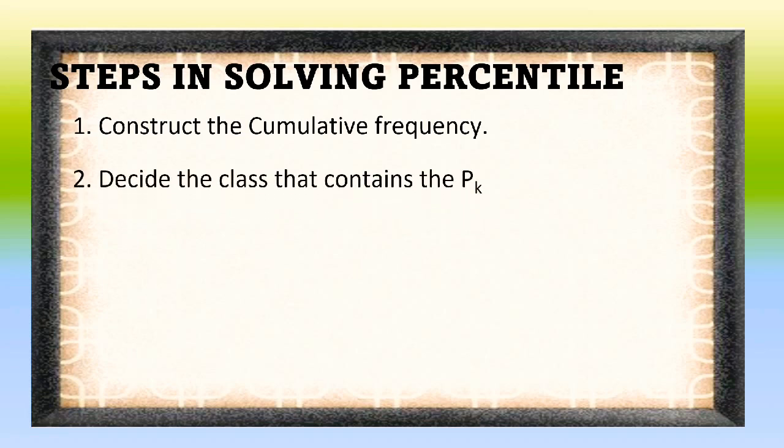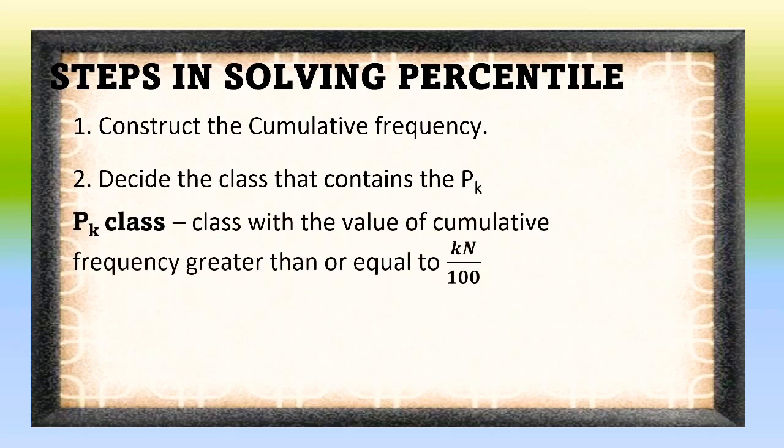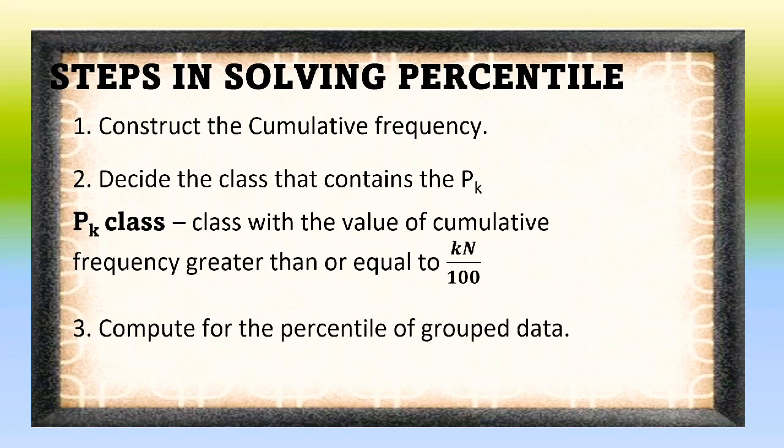Number 2, decide the class that contains the P sub k. When we say P sub k class, it is the class with a value of cumulative frequency greater than or equal to k times n all over 100. And number 3, compute for the percentile of group data.